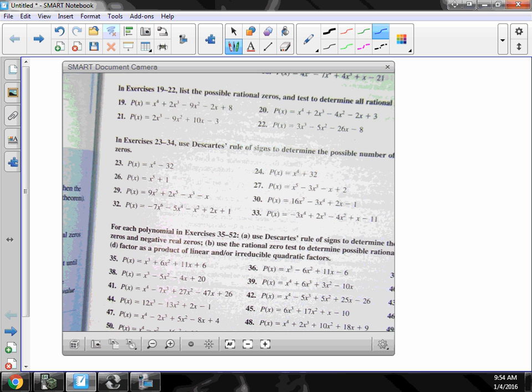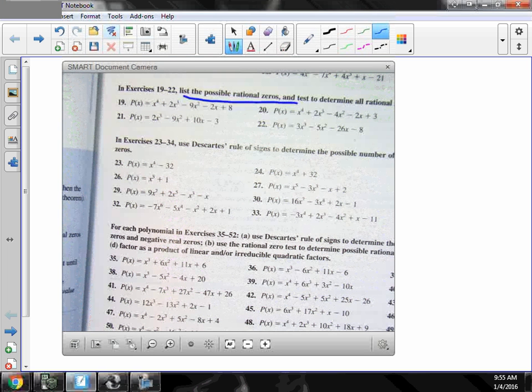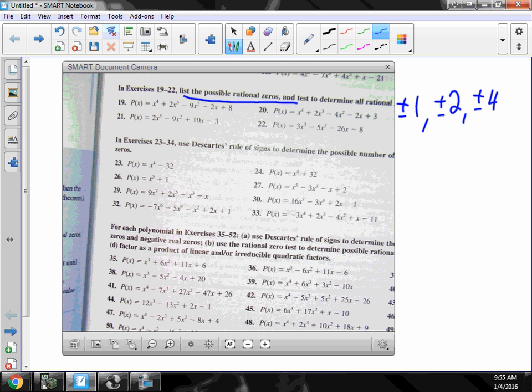Oh, yeah, I read 23. Okay, sorry. So hopefully that was good for you. So 19, I read the wrong instructions. List the possible rational zeros. What are the possible rationals for 19? Plus or minus 1, plus or minus 2, plus or minus 4, plus or minus 8.